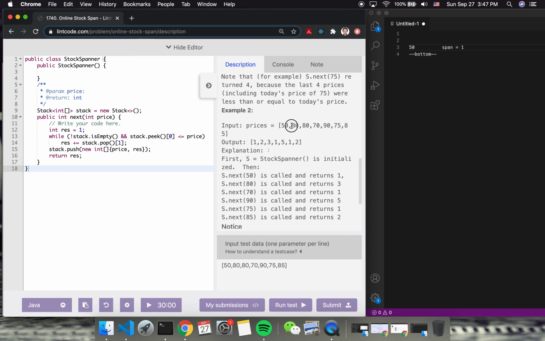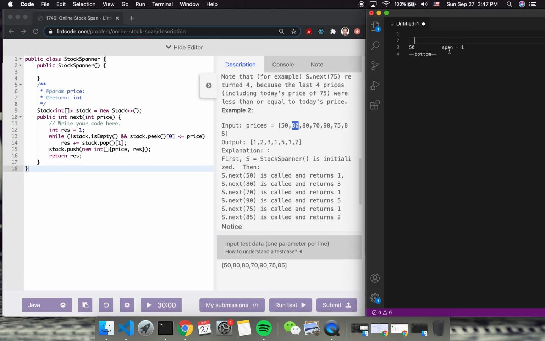And then at the point of 80, we compare our current price with the top of the stack. The top of the stack is 50, which is smaller than 80. Then we say, okay, we find one element that is smaller than 80, so we can accumulate the span.